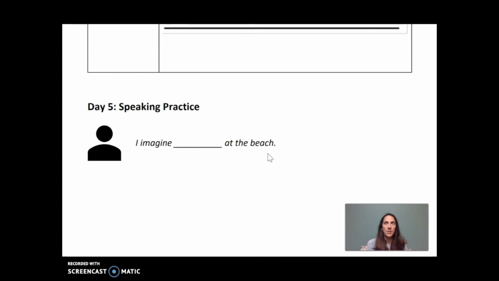But I don't imagine eating ice cream. I imagine eating a popsicle. So I will say, I imagine eating a popsicle at the beach. You can call a friend or talk to other people in your house. Or talk out loud to yourself in the mirror and tell me, what do you imagine at the beach?